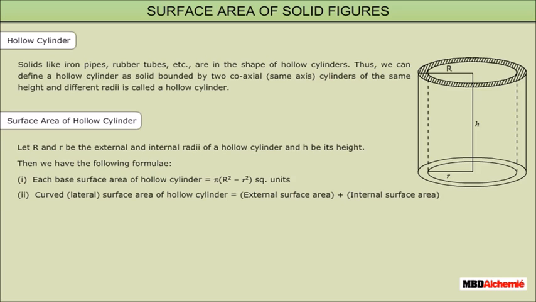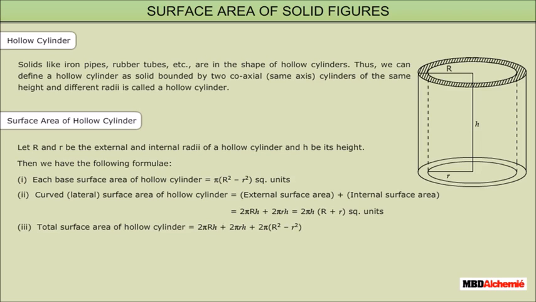Second, the curved lateral surface area of a hollow cylinder is equal to external surface area plus internal surface area, which is 2 pi R h plus 2 pi r h, equal to 2 pi h (R plus r) square units.